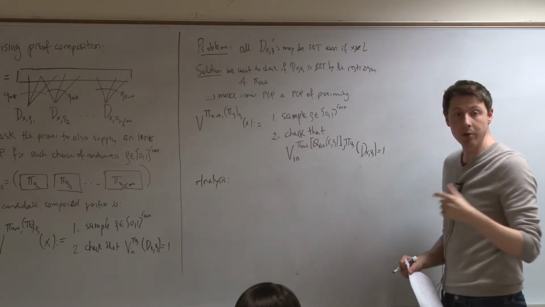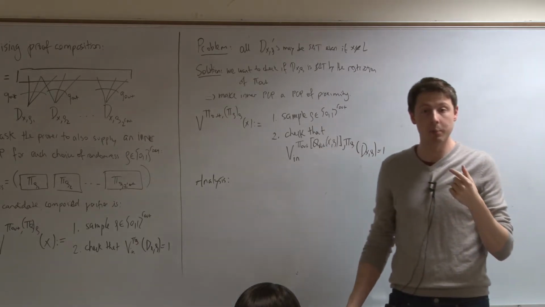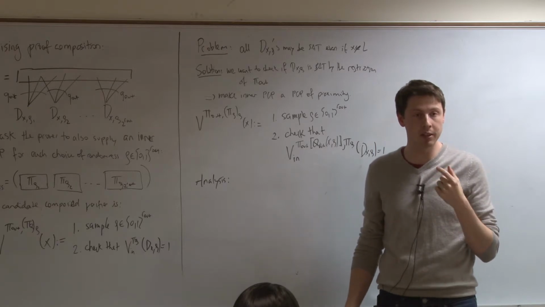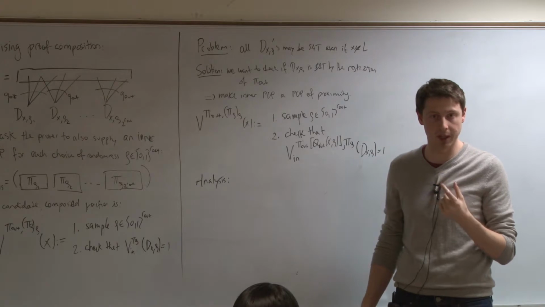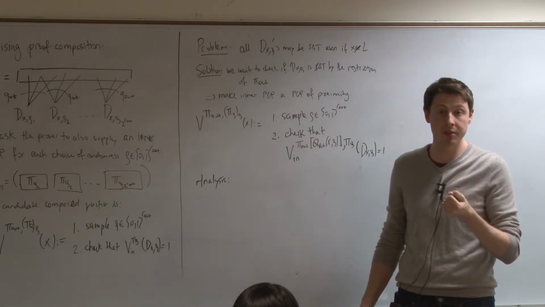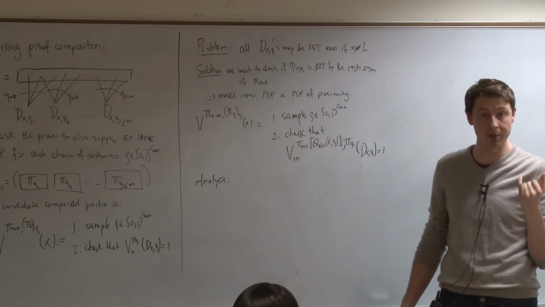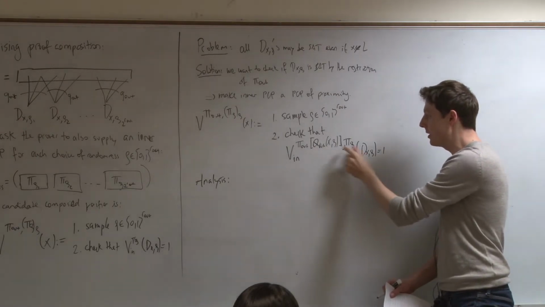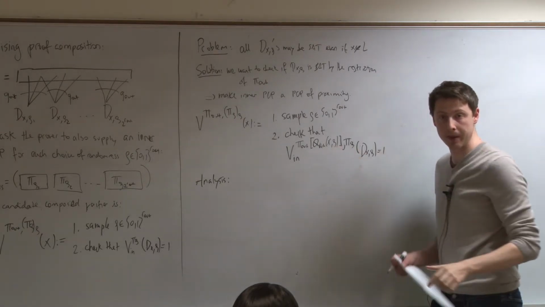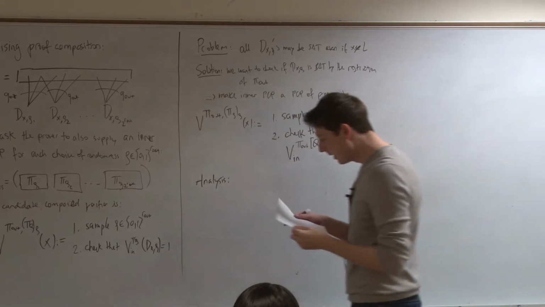Remember how we built a PCP of proximity. The proximity proof itself contained an encoding of the witness that we wanted to check against, because there was a consistency check that we ran between a PCP of proximity proof and the witness. So these are specialized to these. That's why I can actually do this.